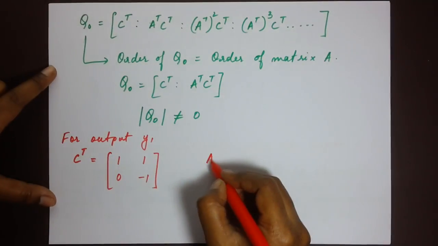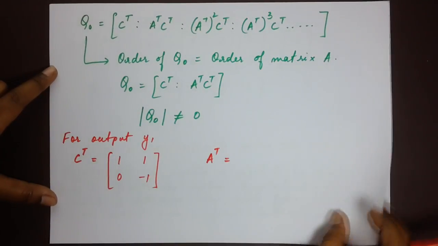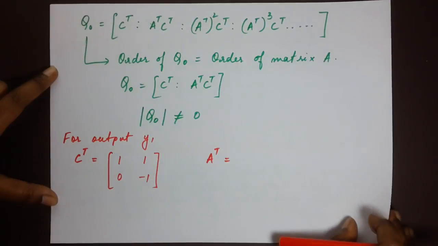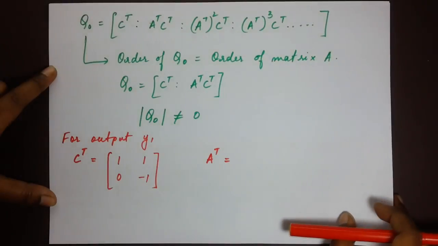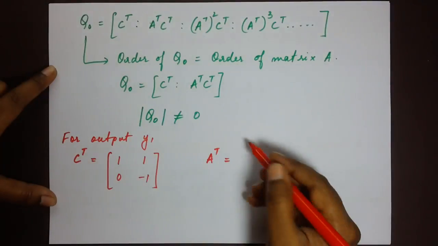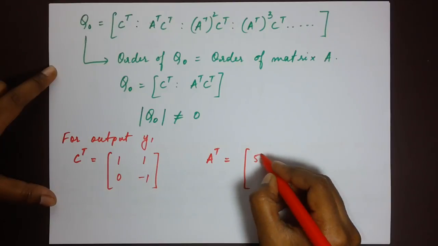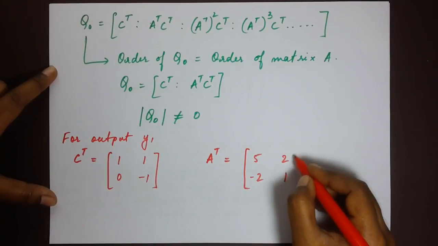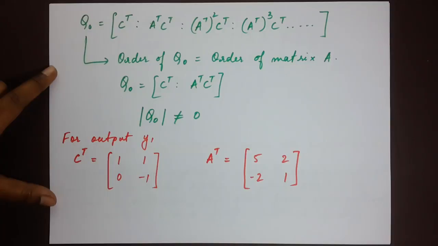Then we need the transpose of A. A is 5, minus 2, 2 and 1, and that becomes 5, 2, minus 2, 1. This is our transpose.